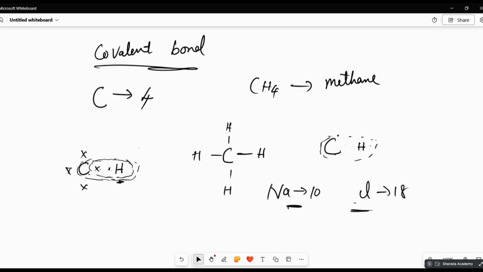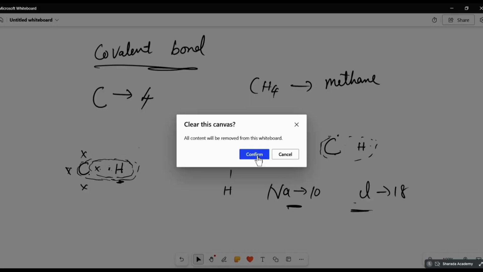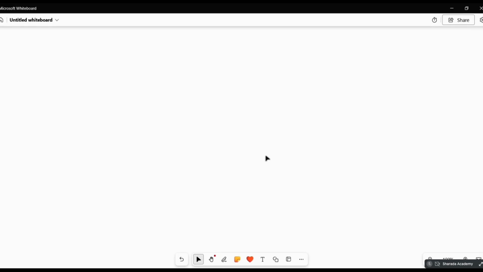How electrons rotate and in which direction they go is there in the extra portion. When we do carbon and its compounds again, I will explain covalent bonds again. Maybe you will understand. But whatever I'm telling is correct. That's how it works. Okay.